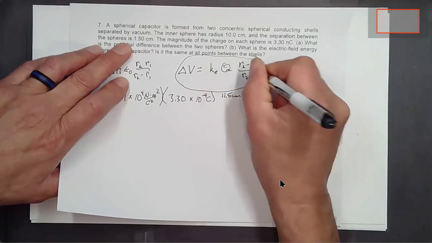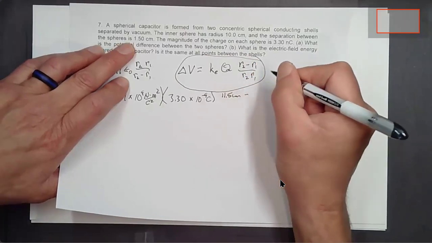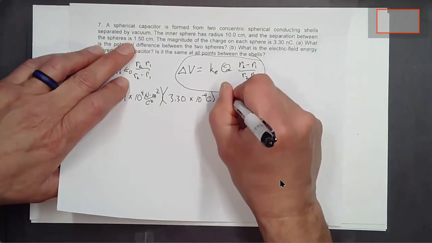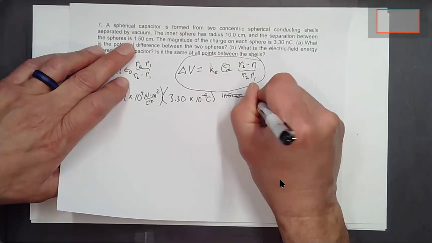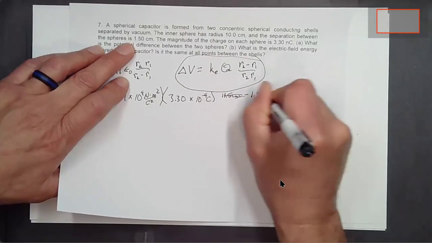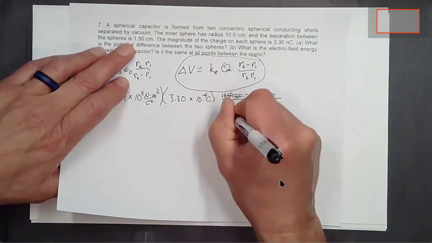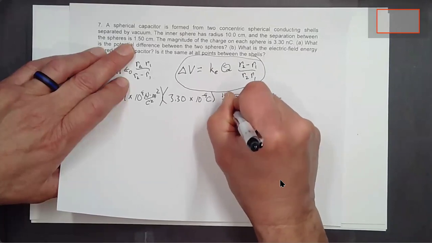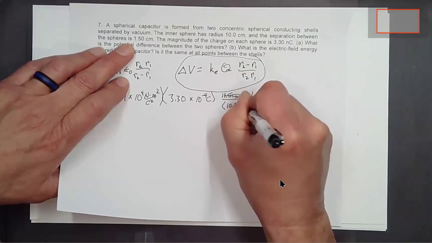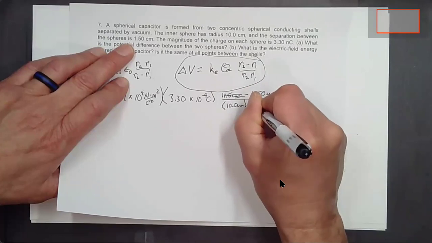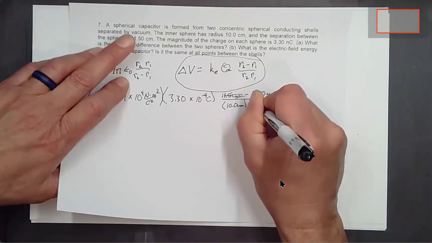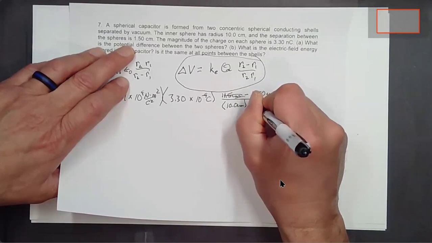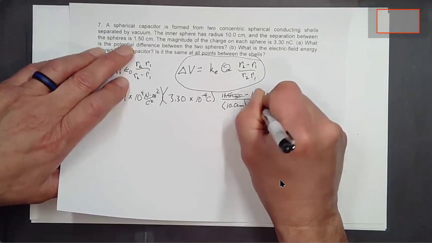R2 minus R1 is 1.50 centimeters, so let's just write it that way. 1.50 centimeters, and then we divide by 10.0 centimeters times 11.5 centimeters.